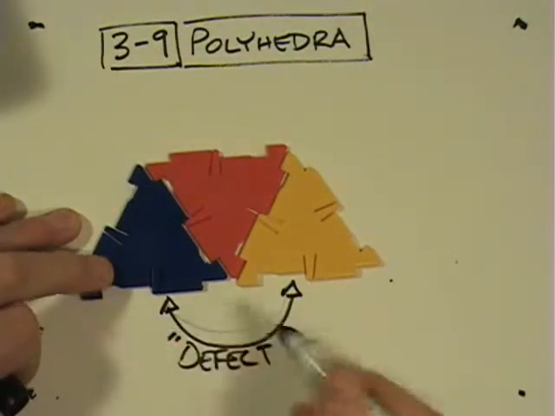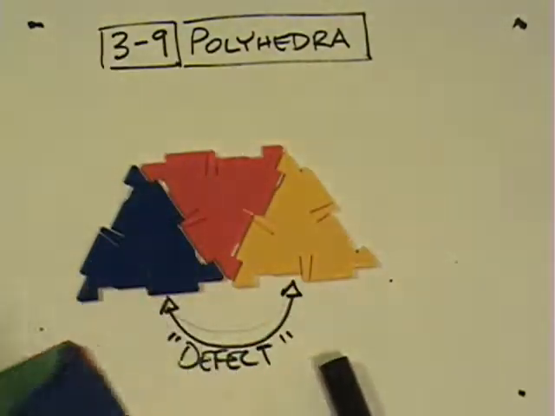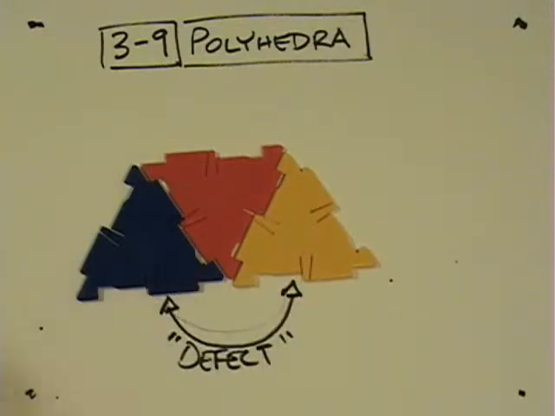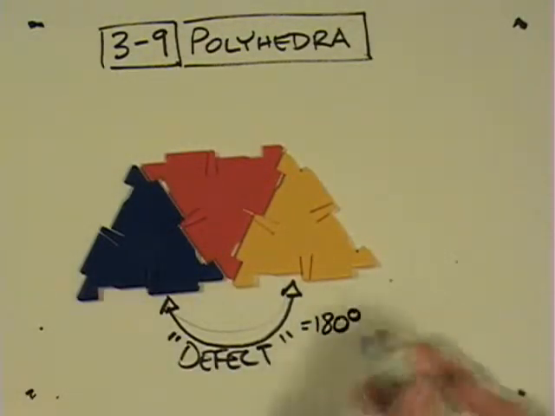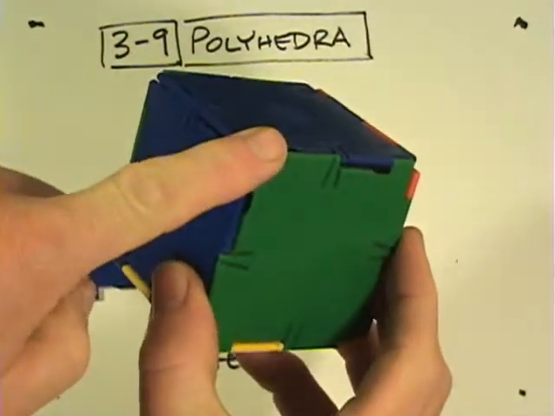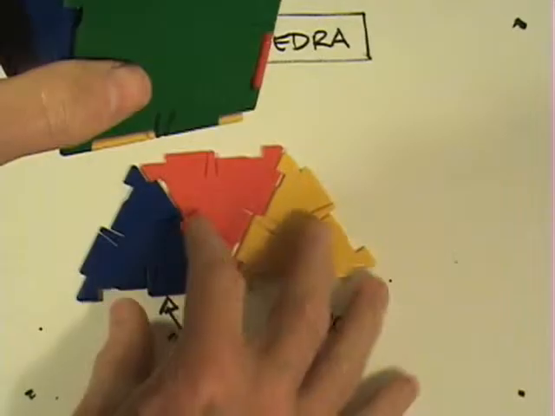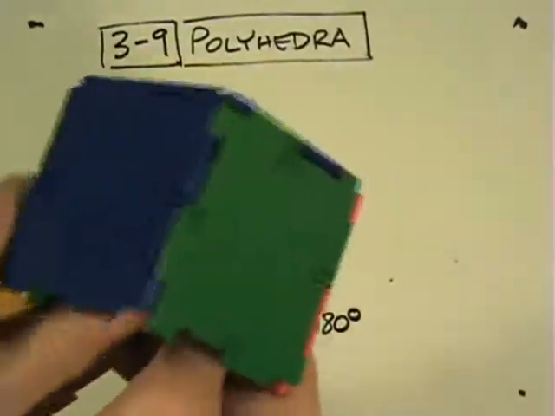Okay, and so one of the things you're going to do in your homework is you're going to add up those defect angles. So this defect angle for my tetrahedron is 180 degrees. Okay, what's the defect angle going to be if I open up one corner of this? My hexahedron, my cube, my die, whatever you want to call it.